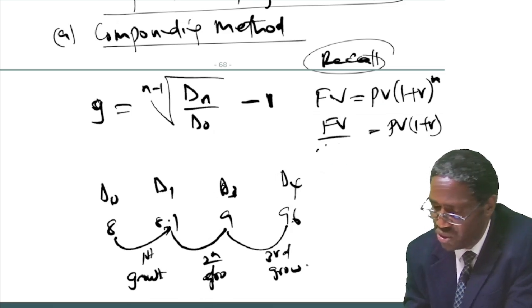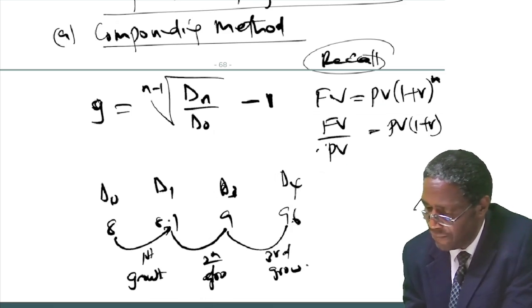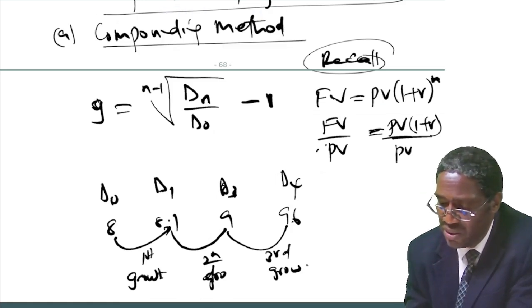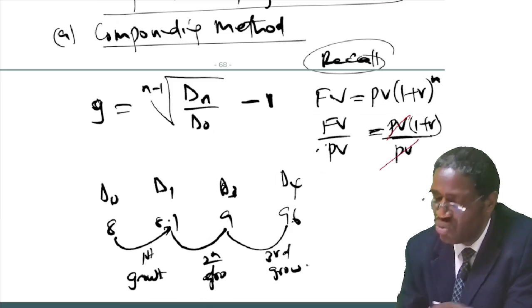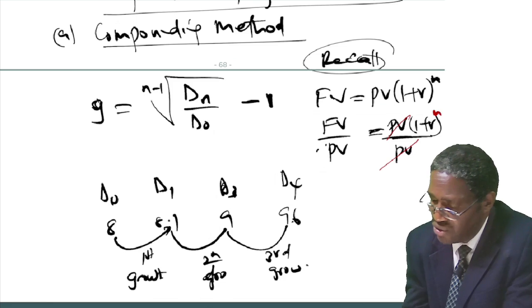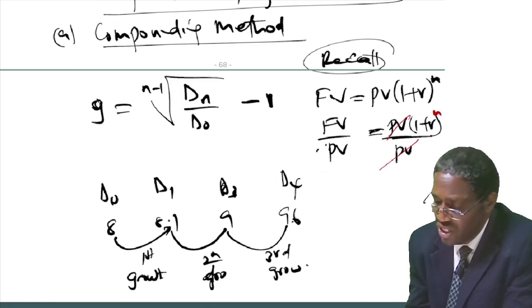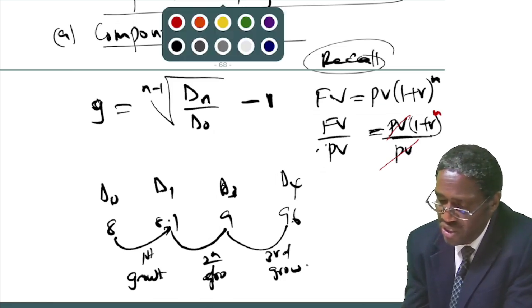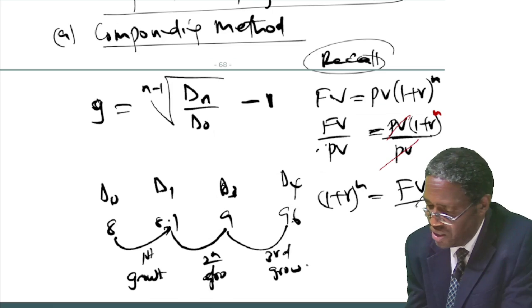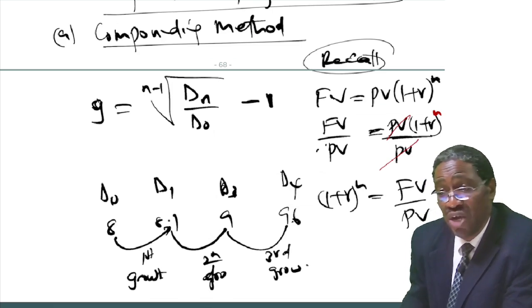I'm dividing both sides by PV. So the PV on the right side cancels against the PV there. This will now leave me with (1 plus r) to the power of n equals FV divided by PV. Are you following?